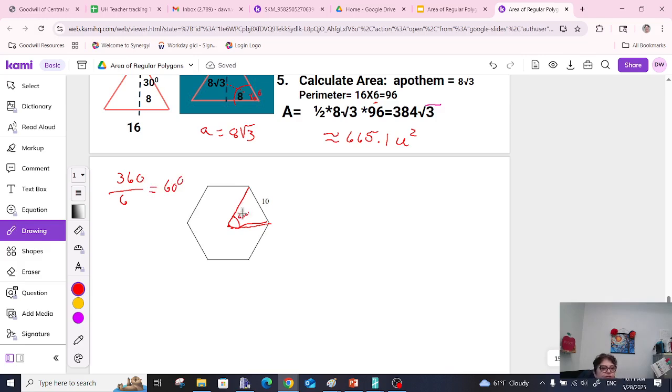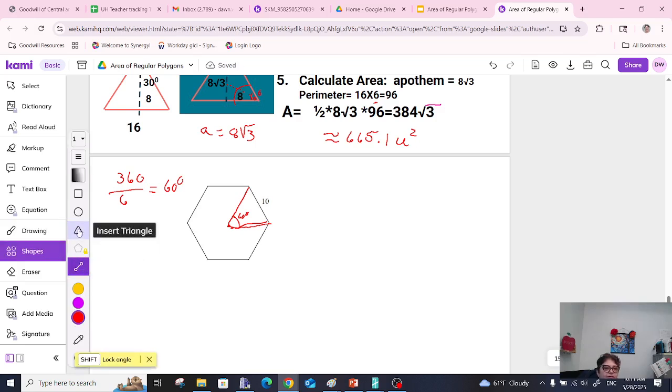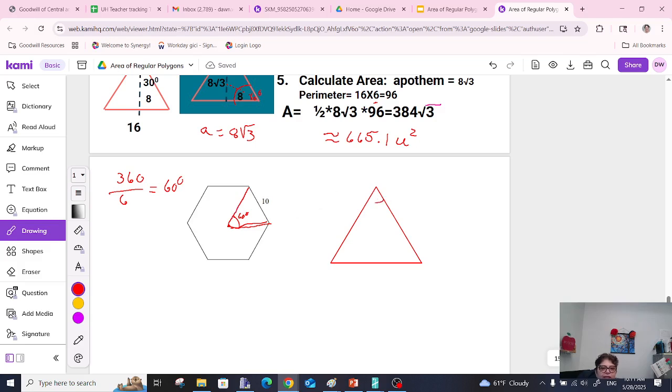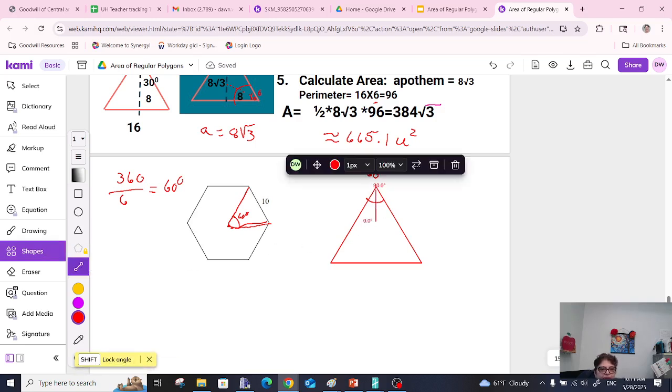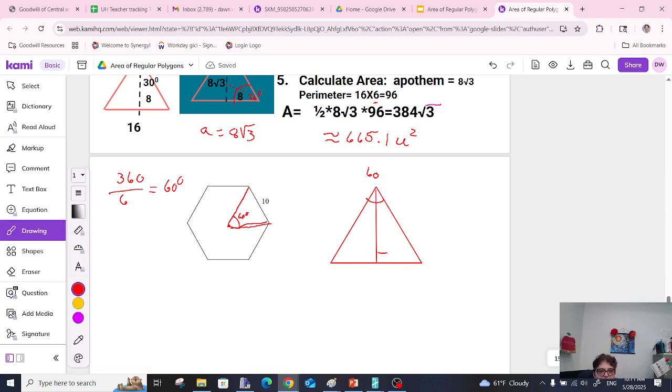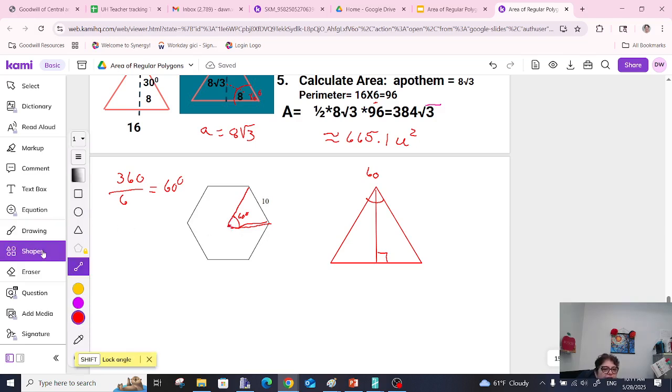So I like drawing a new triangle so I have enough room to work. So this here is 60, but I have to cut this triangle in half because I need the apothem. And remember, the apothem is perpendicular to the opposite side from the center. And that ends up being the height of this triangle, right?